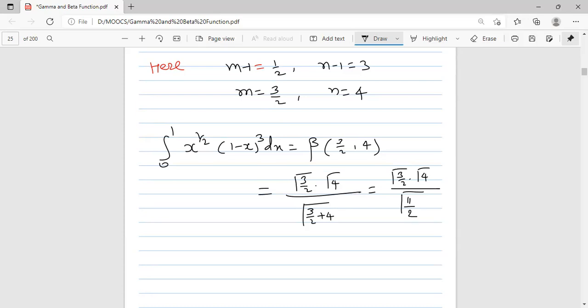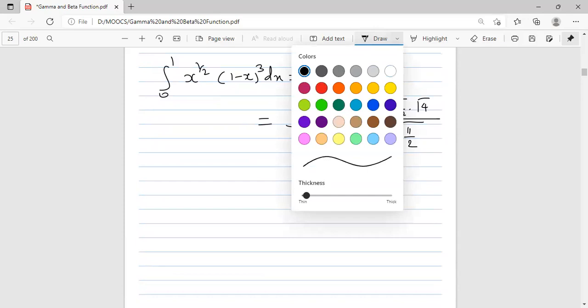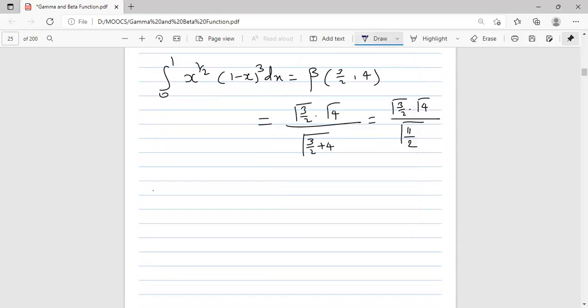Now we try to find out the value of this. To simplify this, first I will use a problem we have already solved. Gamma of 3 by 2. You know this formula: gamma of n plus 1 is equal to n into gamma n. Now n is not an integer.